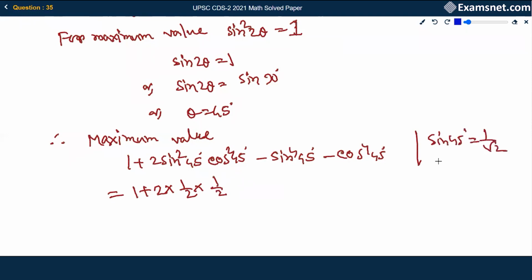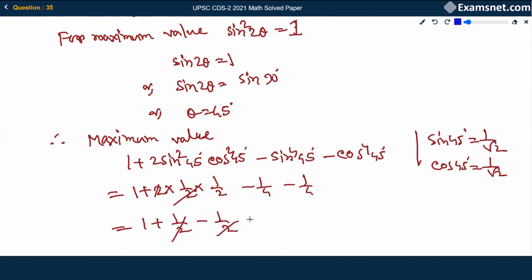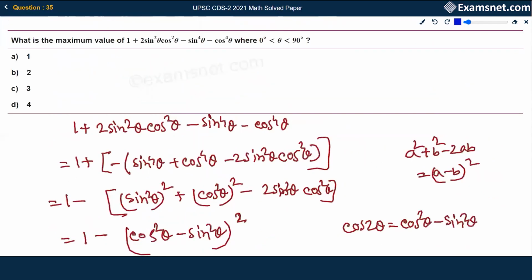So it will be half. Same, cos 45 degree gives us 1 by root 2, so it's also half. Then minus 1 by 4 minus 1 by 4. So 1 plus half minus half, that means both will get cancelled. So we will get 1. So the maximum value of the given expression is 1. Option A is the correct answer.